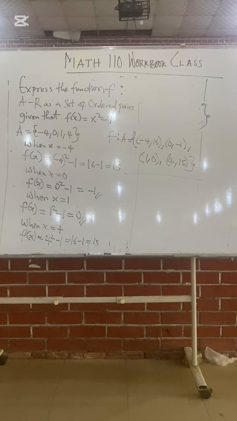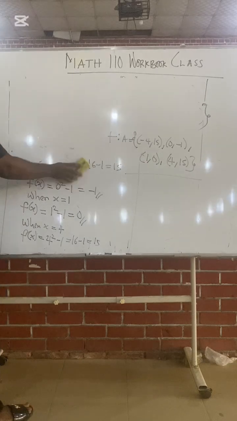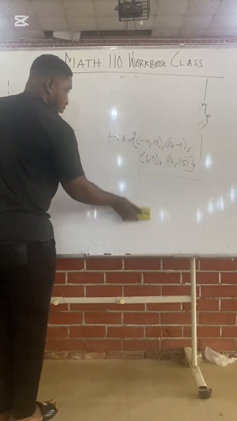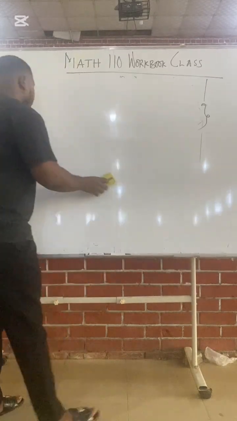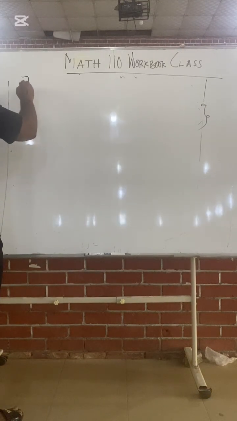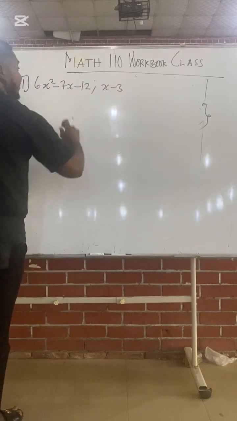Use long division method to determine the quotient q of x when the stated polynomial is divided by the bold-faced polynomial. 6x squared minus 7x minus 12, divided by x minus 3.